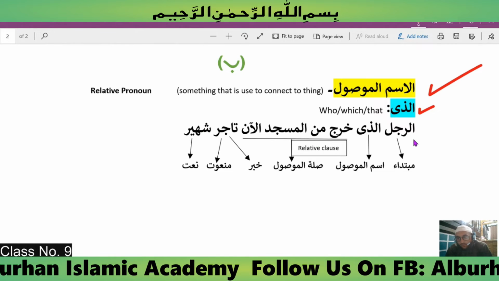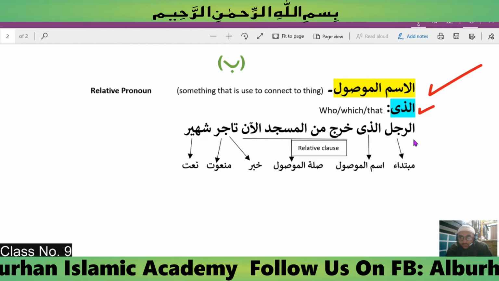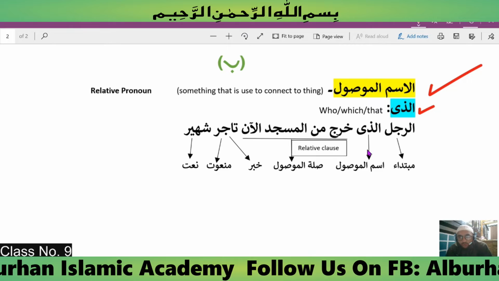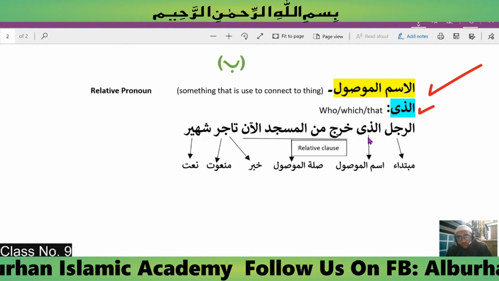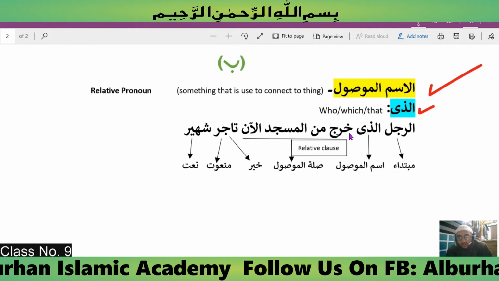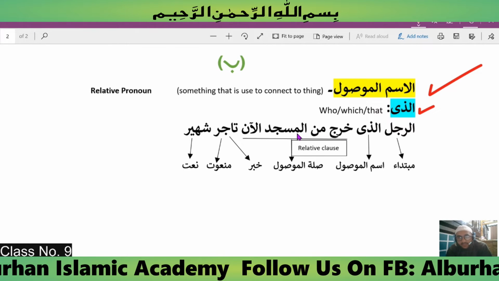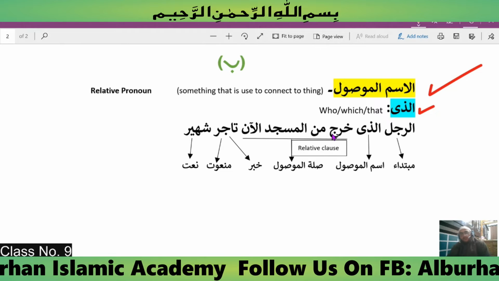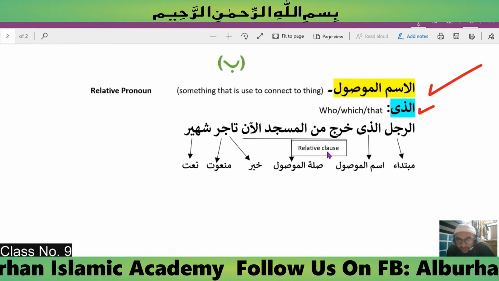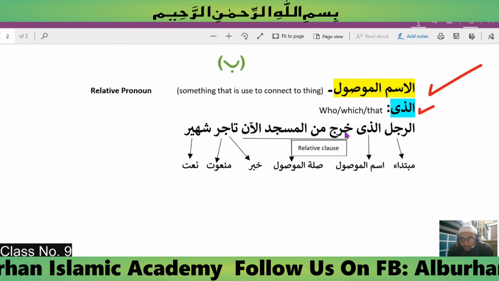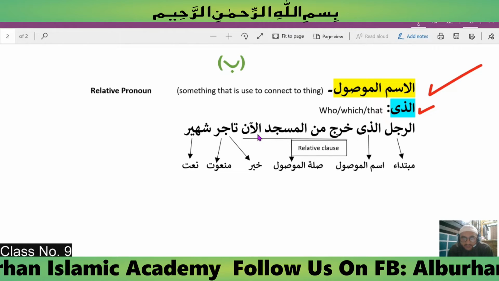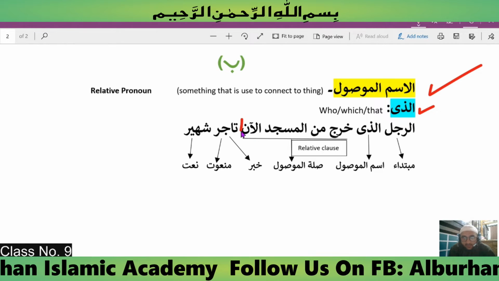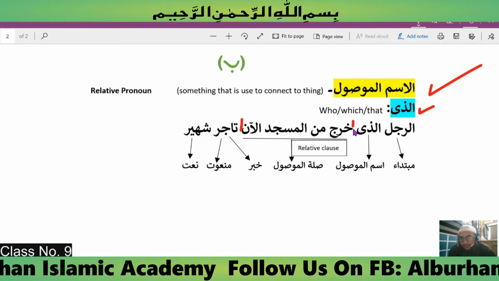Okay, let's break it down. الرجل is obviously the mubtada, as we read in our previous lesson. الذي is called اسم الموصول, relative pronoun. خرج من المسجد الآن is a relative clause.